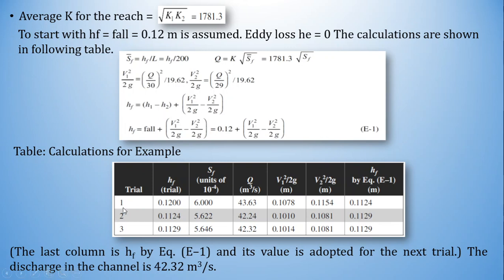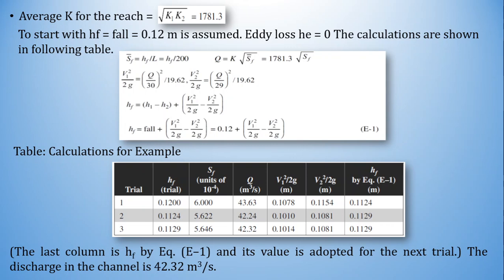For trial number 1, HF is 0.12 meters. If you consider this 0.12 meters, then SF comes out as 6 and discharge 43.63, V1 square upon 2G 0.1078, V2 square upon 2G 0.1154, and HF comes out as 0.1124.